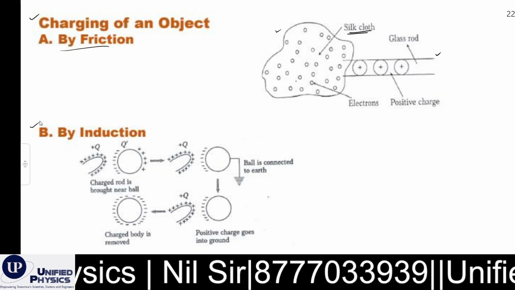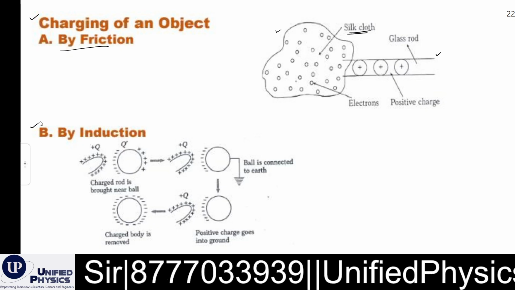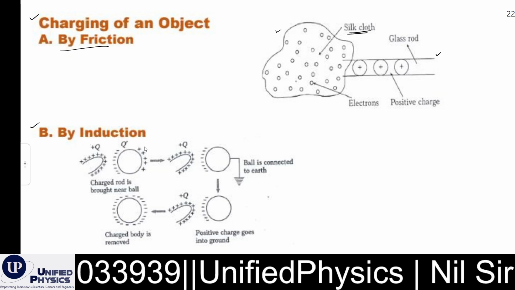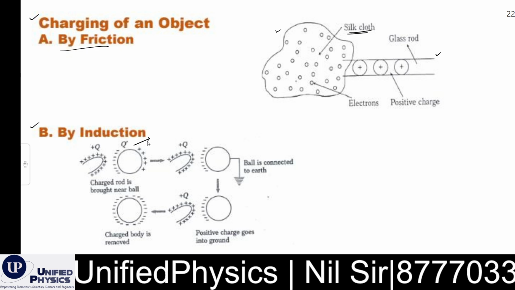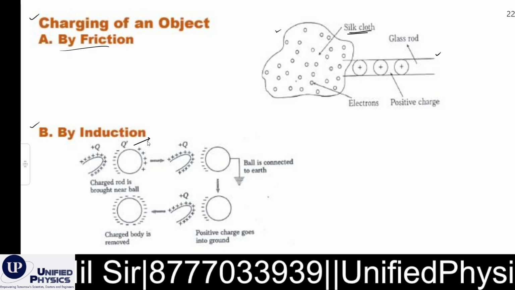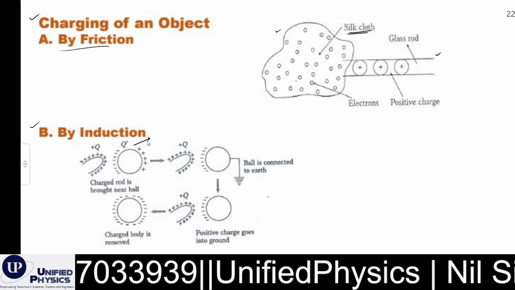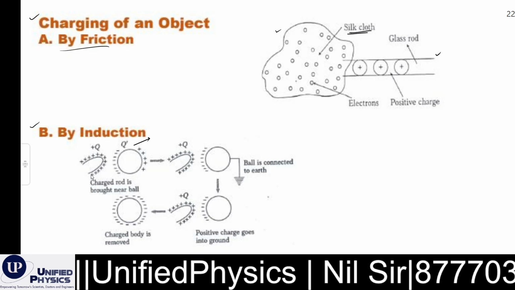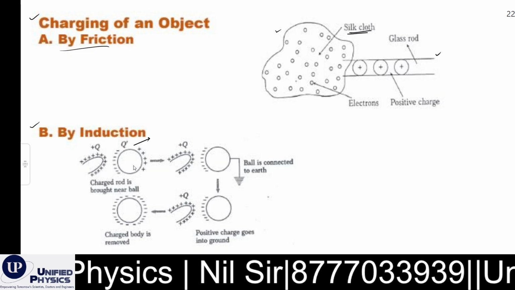The second case of charging is called induction. For example, we want to produce a charge in this body. Let's say we want to make negative charge in this body. Then what will we do? We will bring a positive charge close to this body. Okay.